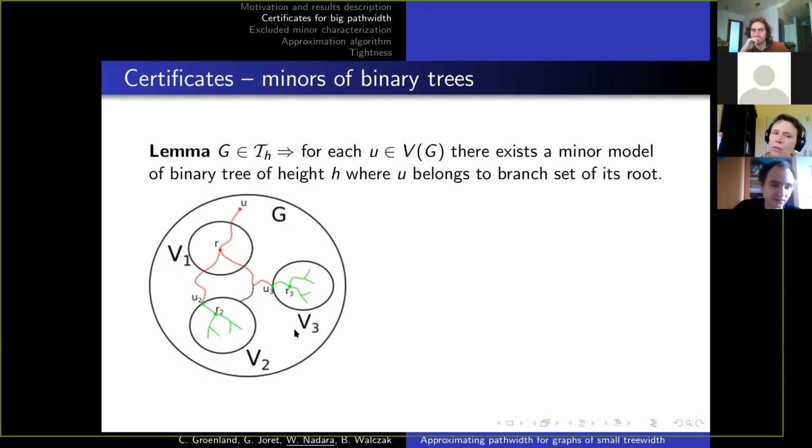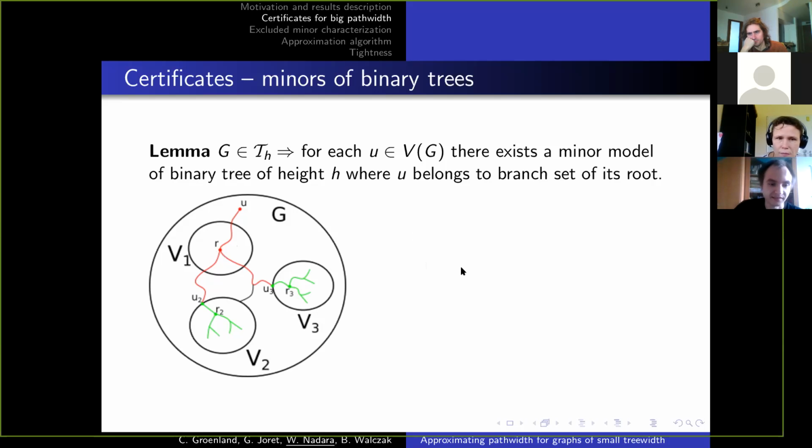Altogether, we see a binary tree that is one level bigger than these green binary trees, rooted at R, and there is a path from u to R. So we are done with the proof of this lemma.